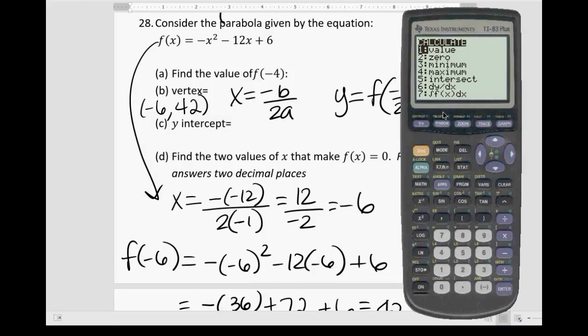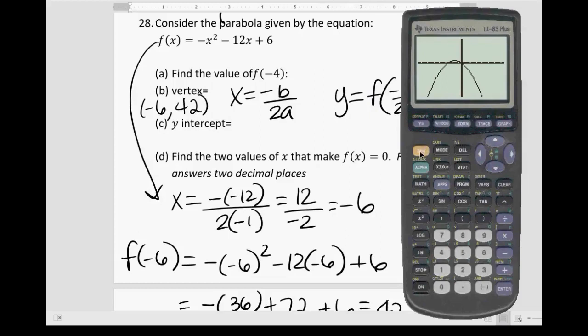But for the values that make f of x equals 0, when f of x equals 0, that's when the graph crosses the x-axis, because that's when y equals 0. The way that you can find those numbers is by finding the zeros.